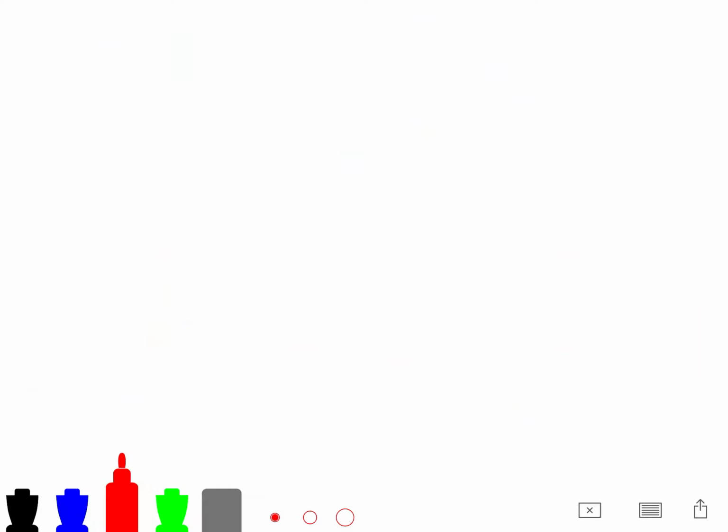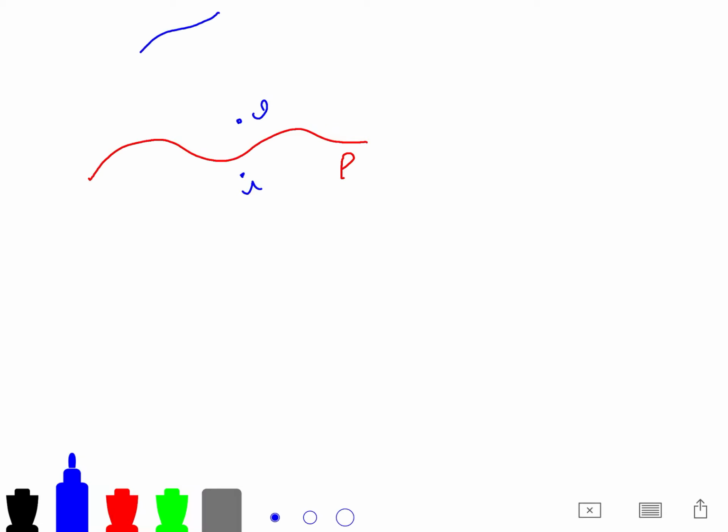The problem is that expansion is unbounded. It means that if we have a path, and v and u are here, very close to the path, with a shortest path here, this distance is delta 1 because it is to the path, and this distance is delta 2 because the root is here.